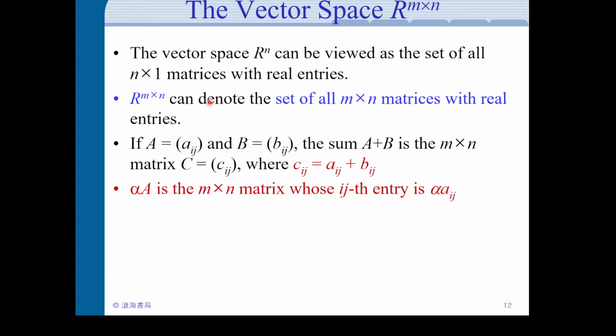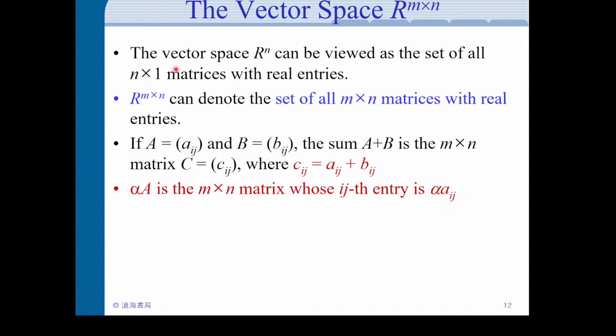And we think of them as a generalization of Rn, because this vector space Rn can be thought of as a set of n by 1 matrices with real entries.